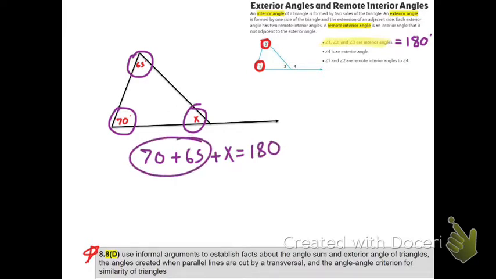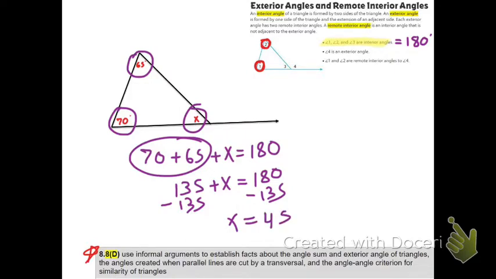Let's combine like terms. We can combine those two. We get 135 plus x equals 180. Now we subtract 135 from both sides, ladies and gentlemen, and we establish that that angle measures 45 degrees. So I can erase this here and substitute what we solved for, 45 degrees.